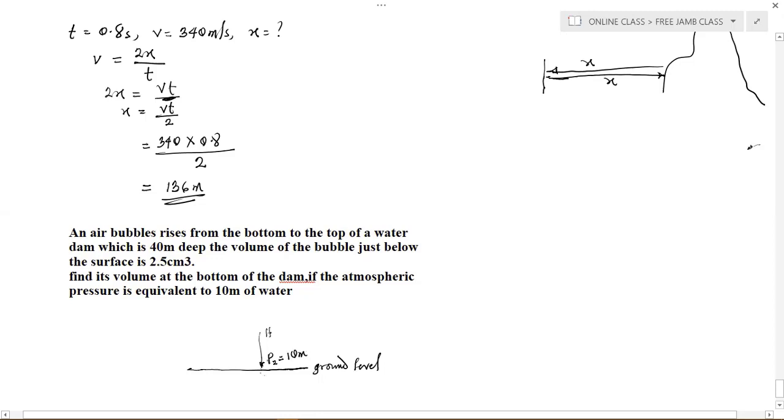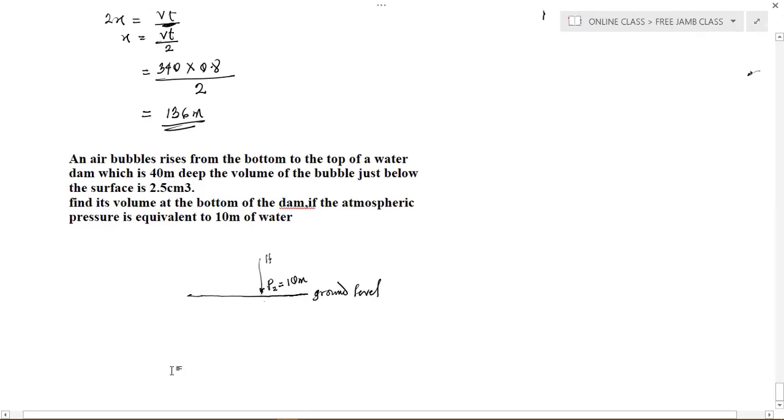Now, below the ground level, the level of the dam as the sea is also the same level with the ground level. So that one is 40 meters below. That is small letter h to say.